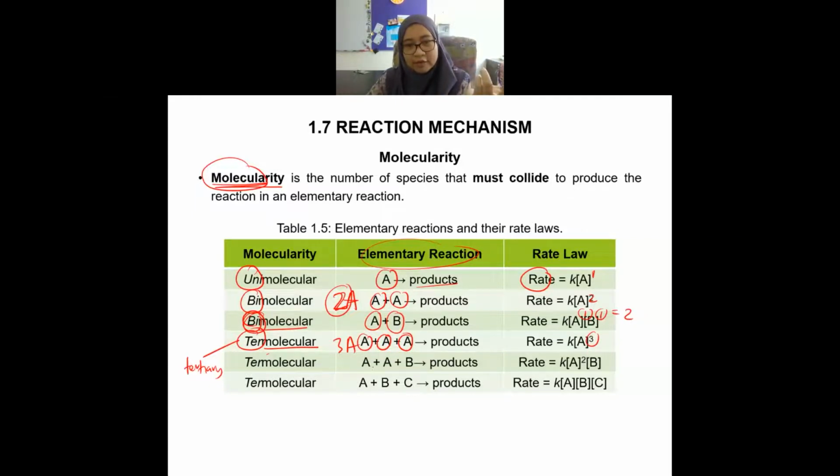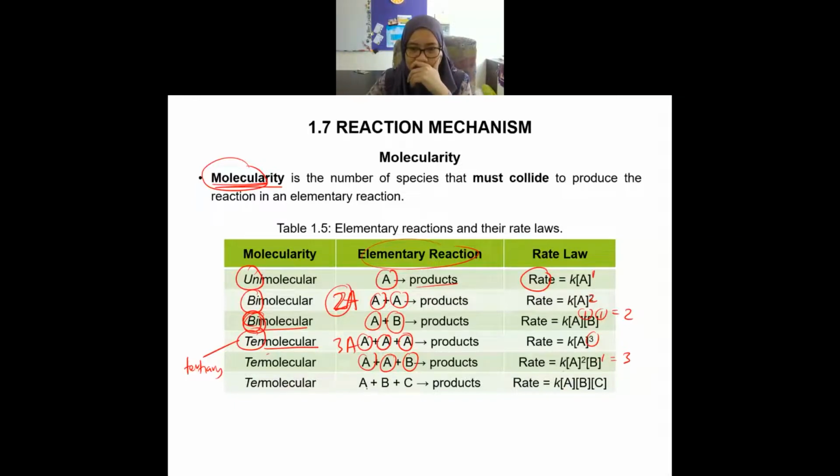Another option will be 2 A's, 1 B. Okay, that means the rate law for this type of termolecular reaction can be written as rate is equal to k times [A] raised to a power of 2 times [B] raised to a power of 1. So 2 plus 1 will be 3.